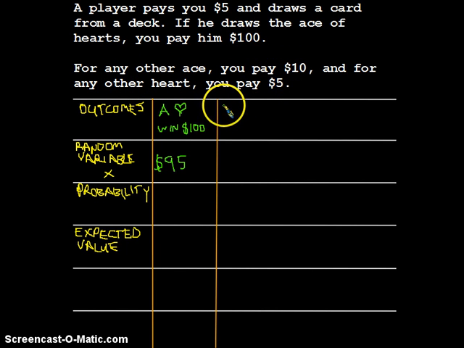So in the case where any other ace is drawn, you will win $10. Now you paid $5 to participate, so your winnings in this case would be $5. The value of the random variable x, the winnings, would be $5.